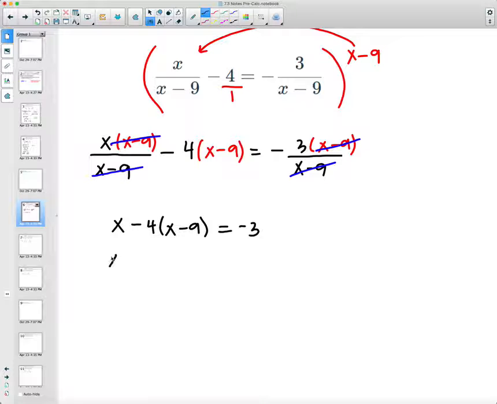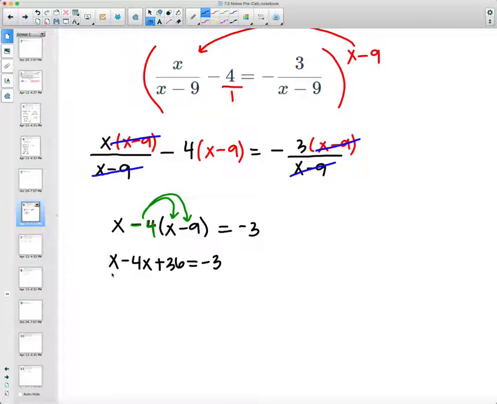Then we can distribute the negative 4. Be careful that you distribute the whole negative 4 in. Multiply negative 4 into x and negative 4 into negative 9, so we get negative 4x and positive 36.